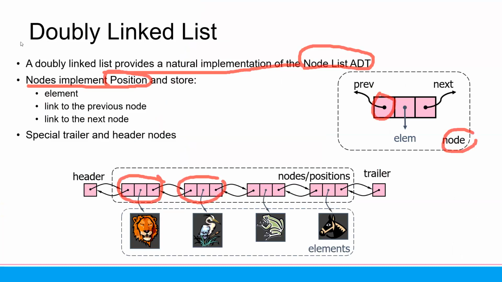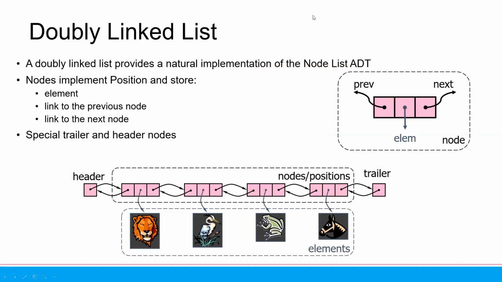So if it is a singly linked list, we have only the element and how this element connects to the other element. But if it is a doubly linked list, it means this node has a connection to the next element, and this node has a connection to the previous element.